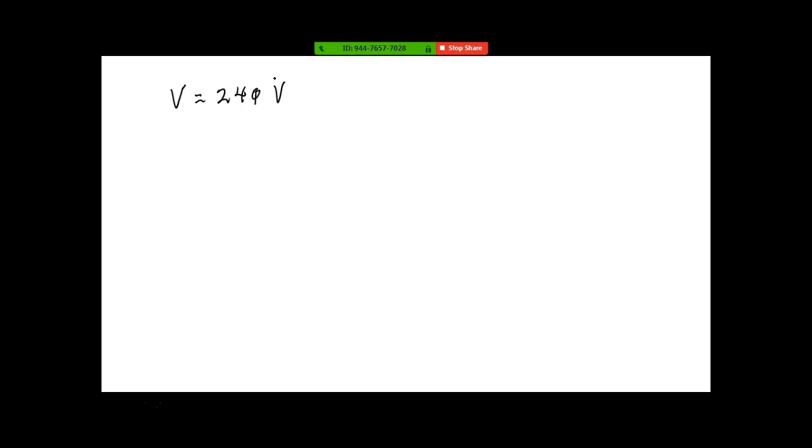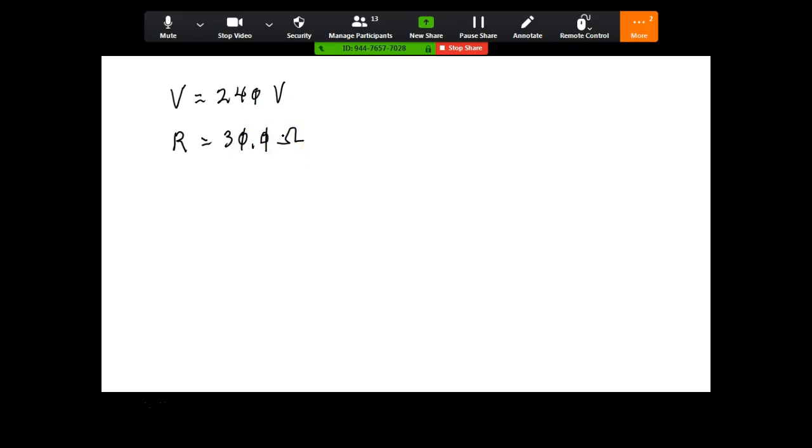It has a resistance, that's your R, and that resistance is 30.0 ohms. Interestingly, they did not put a bar over the 0 for the voltage, indicating you only have 2 significant digits there. They did put a 0 after the decimal, indicating you have 3 significant digits there.